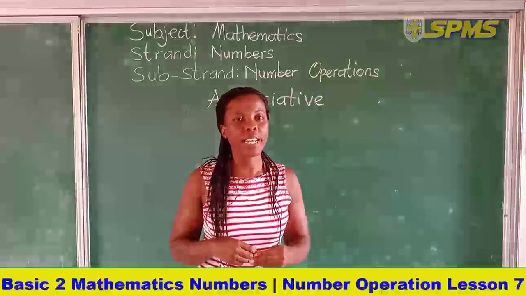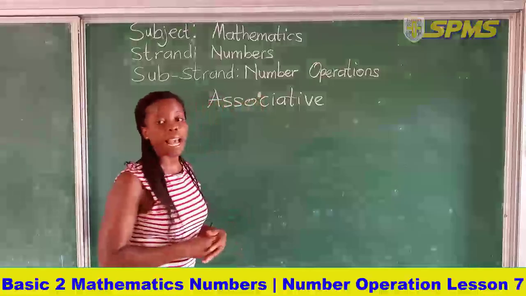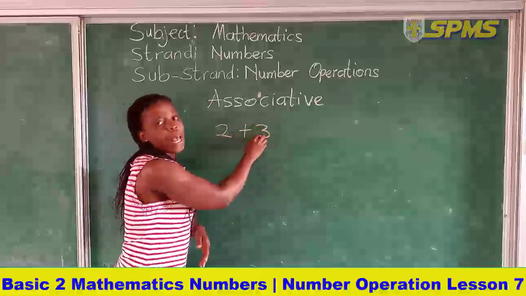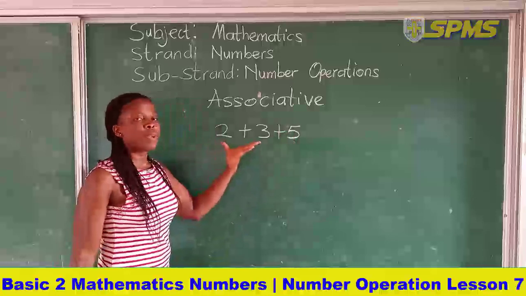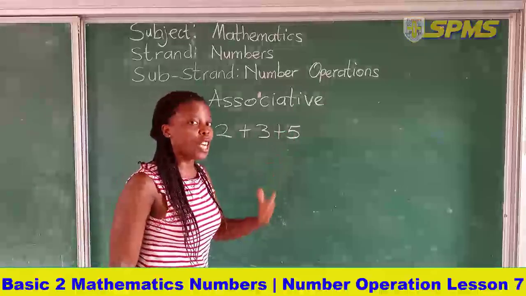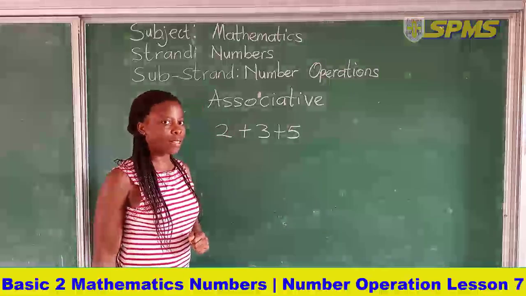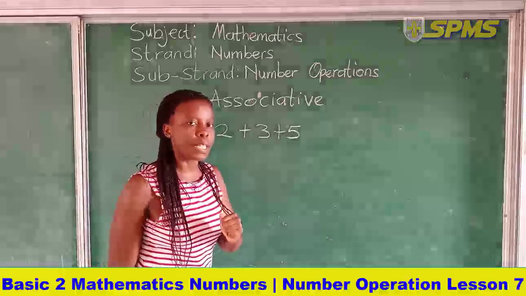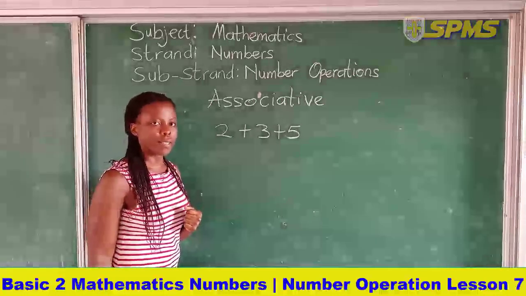Changing the combination in a sense that if you have a number like 2 plus 3 plus 5, these are three numbers that you can add to give you the sum. Okay? Alright. We are going to bring in the commutative property of addition in this addition sentence.